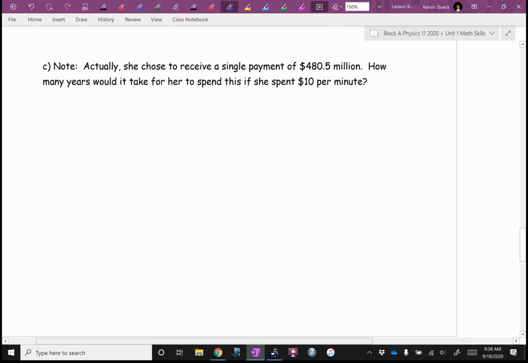So she's got $480.5 million. She's going to spend $10 a minute. How many years will it take? So we're going to write down 480.5 million. We're going to divide it by 10, and this is going to tell us how many minutes.